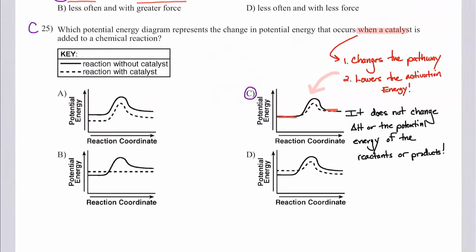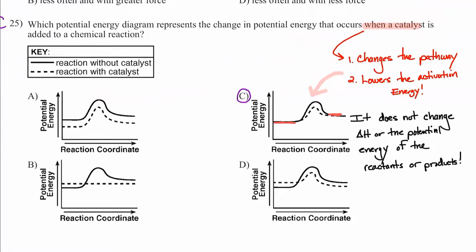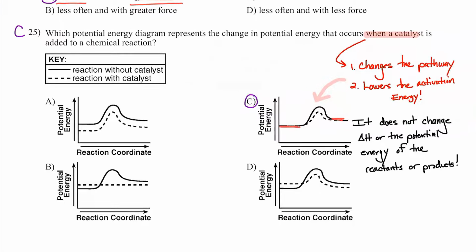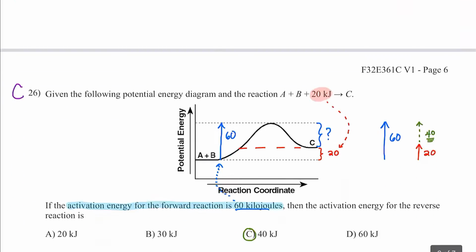The rest of the choices are changing the energy of the products and the reactants. Delta H does not change with a catalyst. You're just going to lower the hump there, and it winds up lowering the activation energy. Catalysts speed up a reaction by finding an alternative pathway and lowering the activation energy.